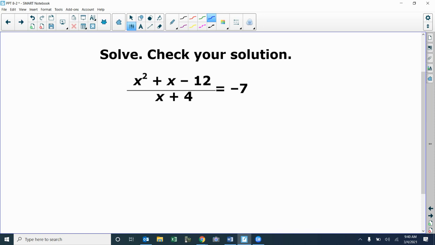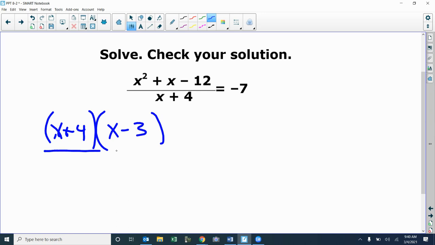Let's see. I'll bet one of these is X plus 4. Would you agree? And the other one's going to be what? X minus 3. All right, so there's step 1.